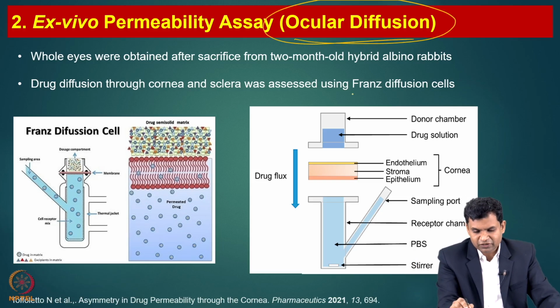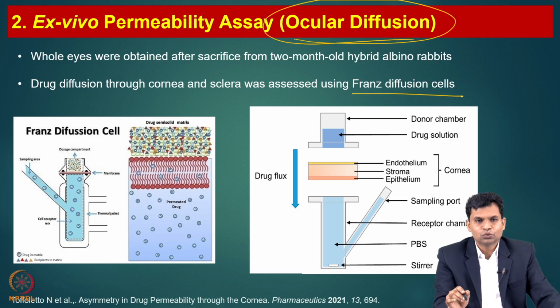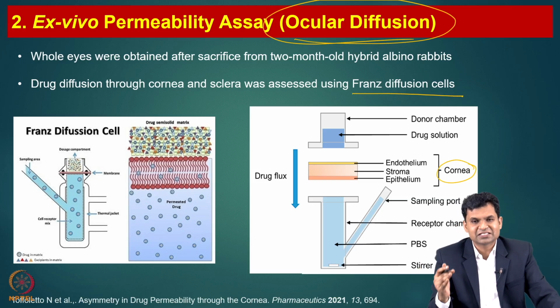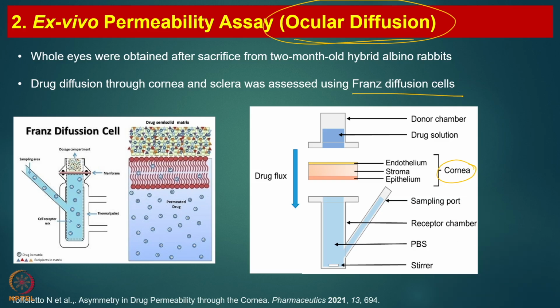Here we use a Franz diffusion cell and corneal membranes. People also use gastric mucosa as well as skin tissues, and even nasal mucosa membranes can be placed, and we will see how much drug is moving from this place to your receptor chamber.